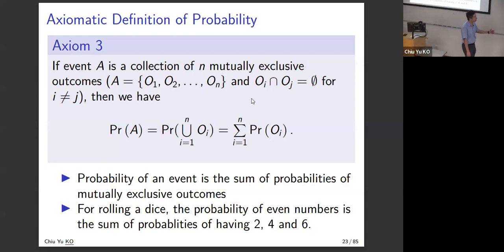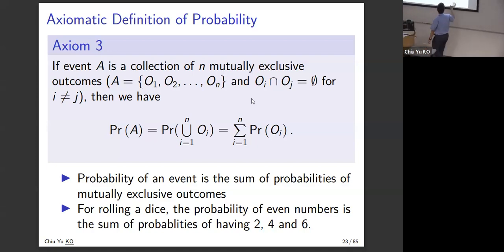A is a union of events, then the probability of that union will be just the sum of the probability of each event. Okay, it's basically saying that you can do divide and conquer. If you have a big event, you cut it into small parts. As long as they are mutually exclusive, you can calculate each part by part and add them up, then you're done. Okay, and that's the idea, right?